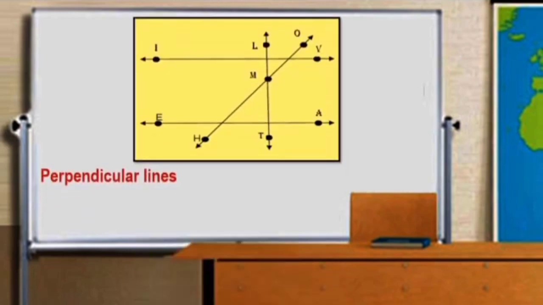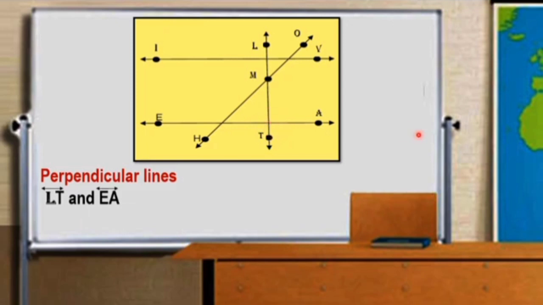Tukuyin naman natin ngayon ang mga perpendicular lines sa ating given illustration. Nahanap na ba? Magaling! So, meron tayong line LT and line EA. Nag-intersect yung two lines and they formed square corners dito sa portion na ito.